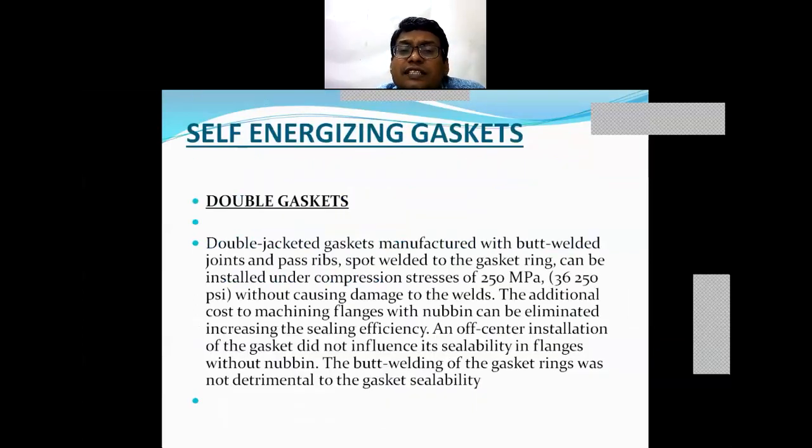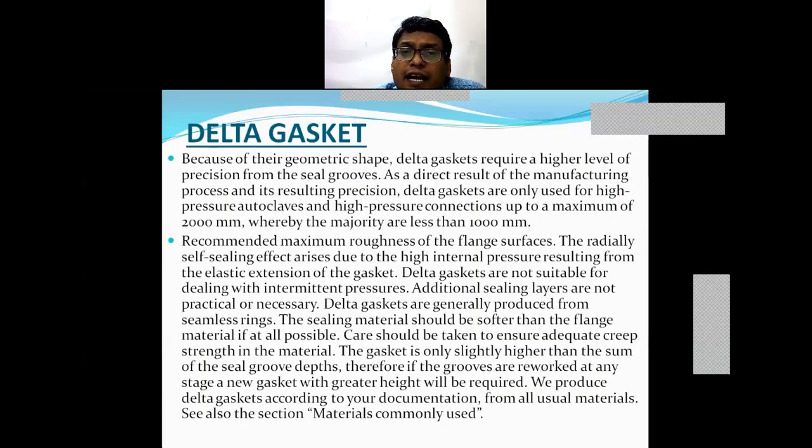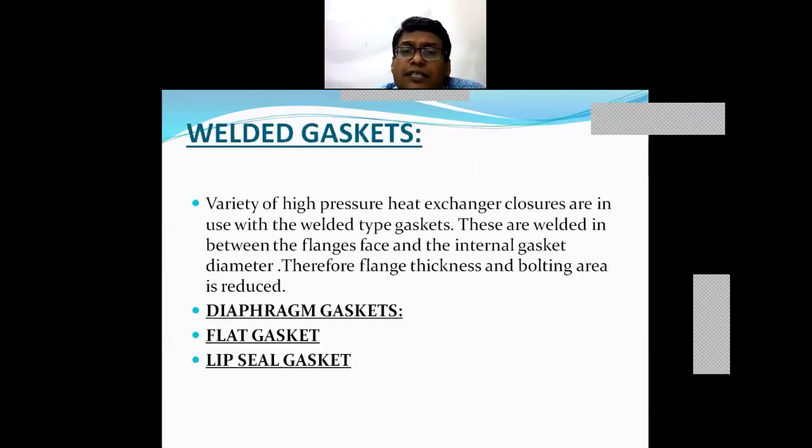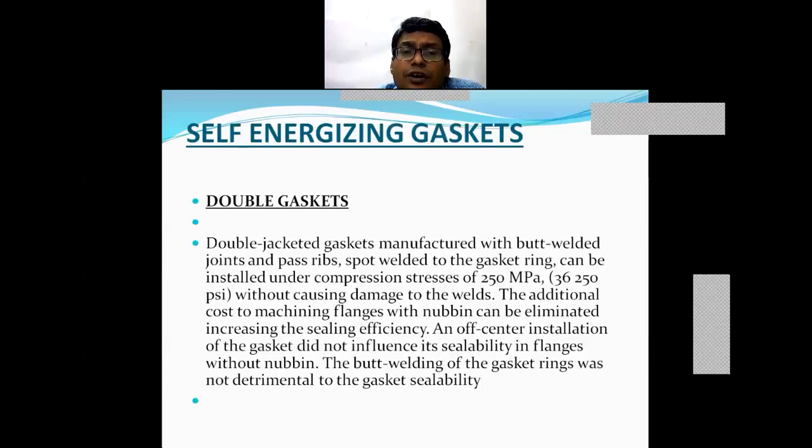Now the self-energizing gaskets. In this, there is the double gasket, then delta gasket, lens type gaskets, and these are the self-energizing gaskets. That is, the pressure cooker: we are using a gasket, right? Somebody says it ring, it is nothing but a gasket, but you can very easily remove it and fit it back.